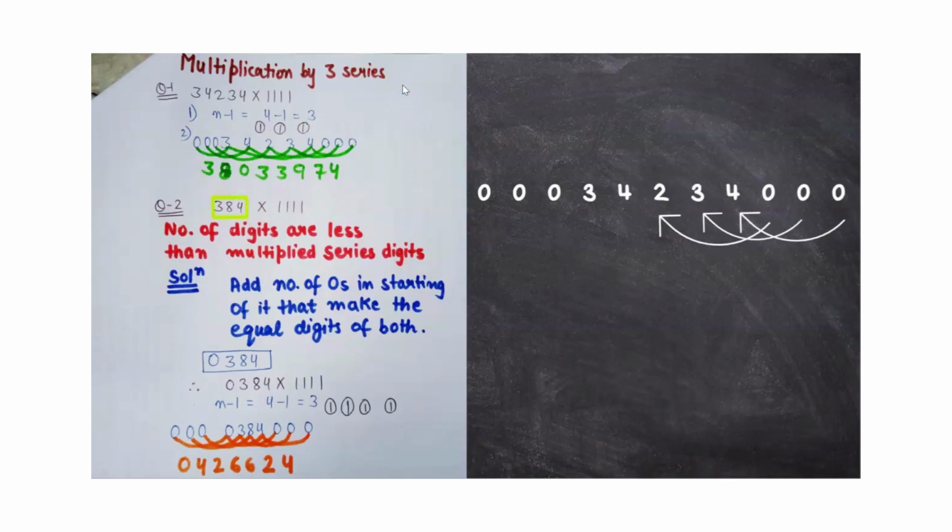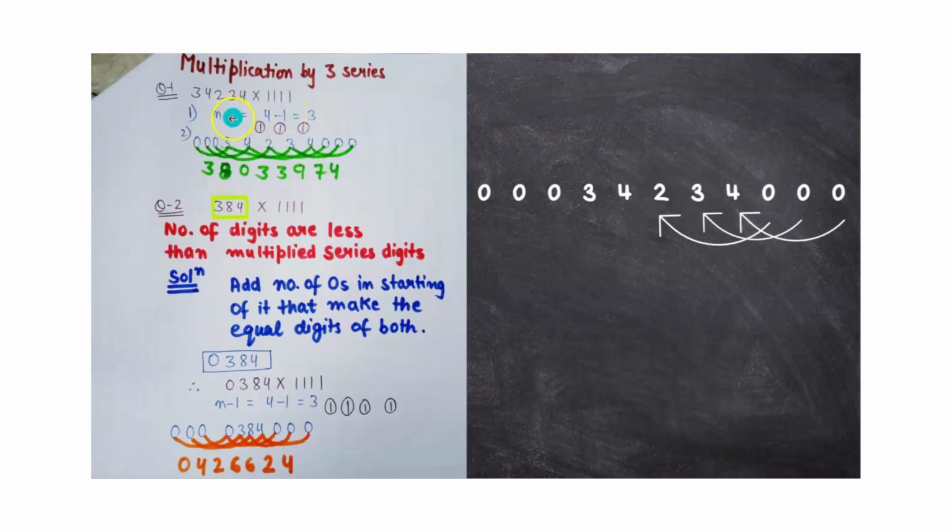The same rules are there. Okay, so let's understand the first question. There we have one question here, which is multiplied with 4 ones, means 1 1 1 1.